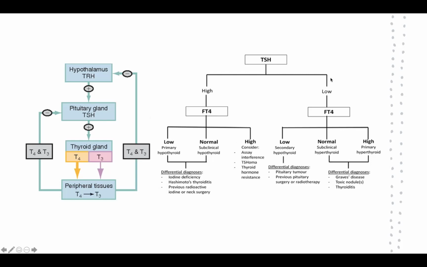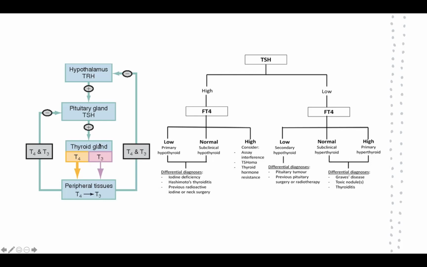All right, on the other side, TSH is low. There's still a number of causes, and we need to have a free T4 to further analyze what's happening. So let's say it's also low. If the free T4 is low, we expect our TSH to be increased, right?